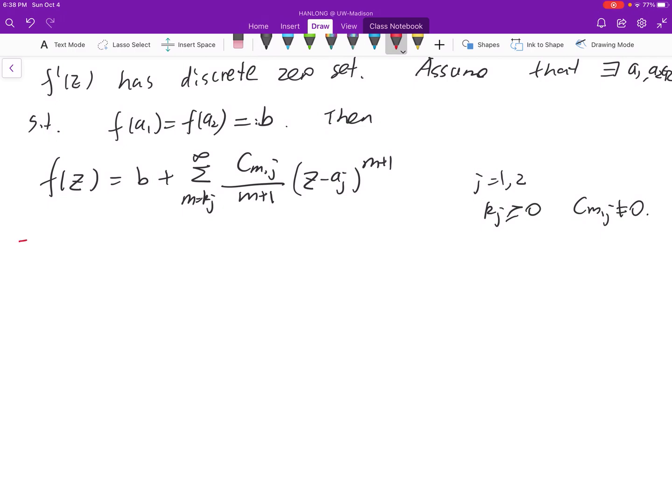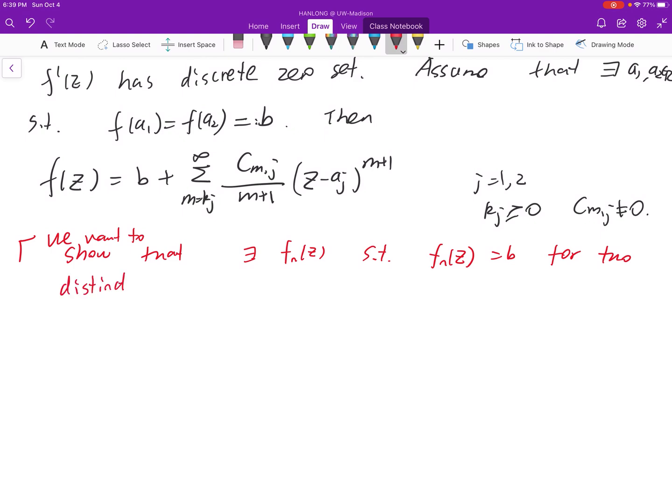Okay, so the idea is we want to show that there exists fn such that fn(z) equals b for two distinct points, which is a contradiction because we assume fn is univalent.